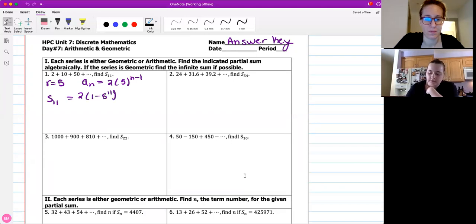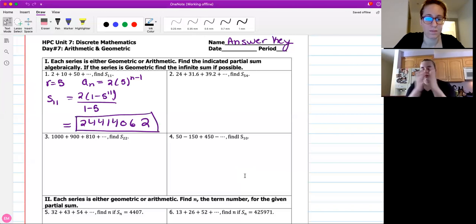Remember, it's your first term times 1 minus your common ratio to whatever term you're trying to find, over 1 minus your common ratio. And that is equal to 24,414,062. So the sum of the terms 1 through 11 is equal to that really big number. You can see why we would have a formula for this, because trying to do this by hand would be really gross and disgusting.